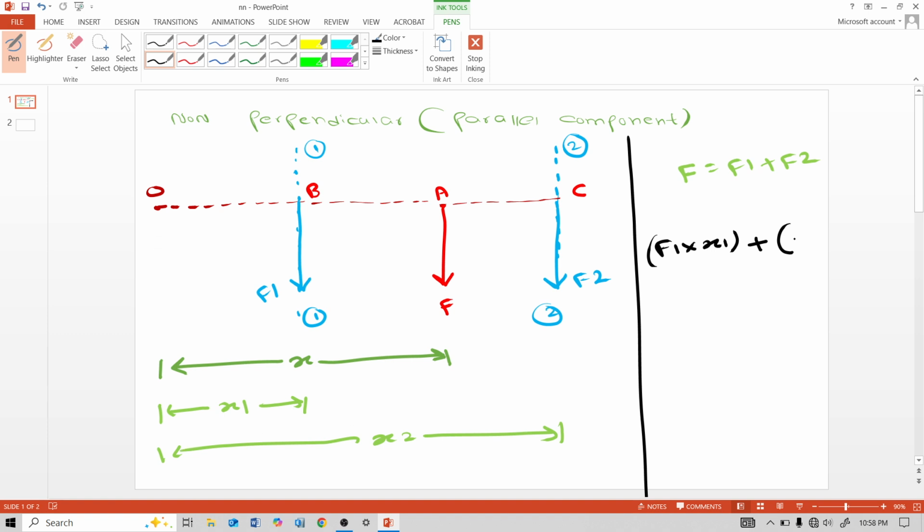So the moment at point O is F2 into x2, equal to the resultant moment at point O. This F also acts about that point in a clockwise manner, so F into x. So this is Varignon's theorem: F1 x1 plus F2 x2 is equal to F x.